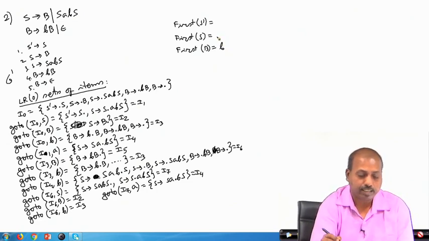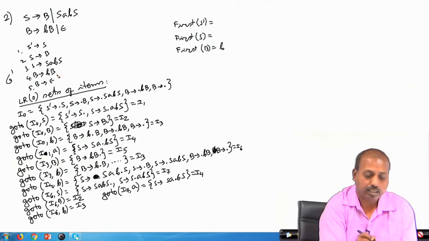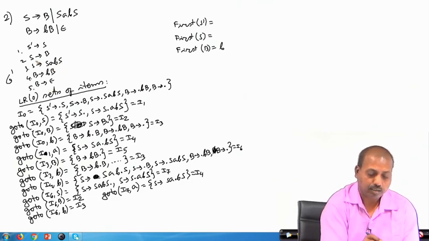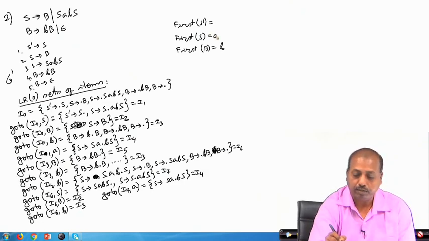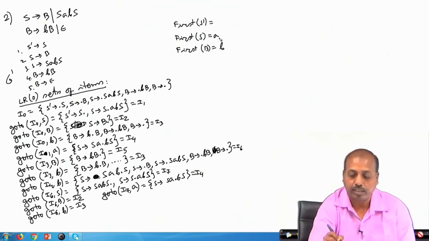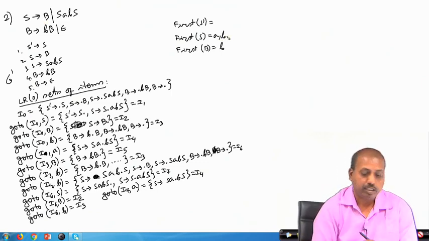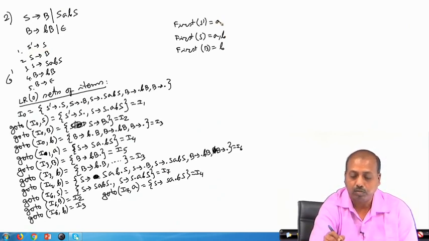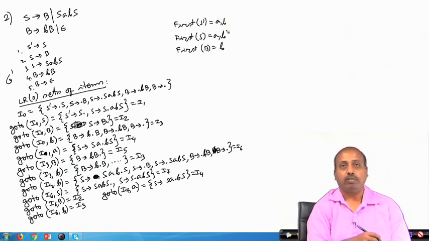First of S: if you start with S, you can go on replacing this S by B and then this B by epsilon. As a result, small a can be there in the first of S, and from the rule S producing B, whatever is in first of B is in first of S. So, first of S is a, b, and first of S dash is whatever is in first of S. So, a and b are there in the first of S dash.